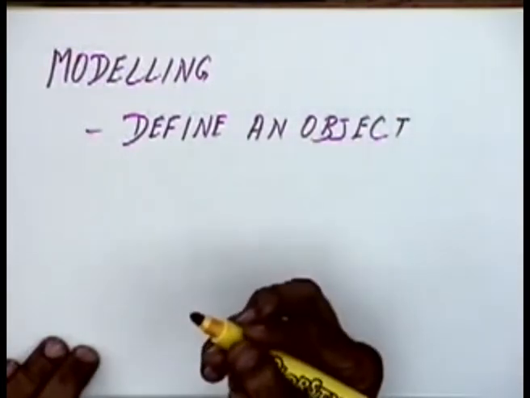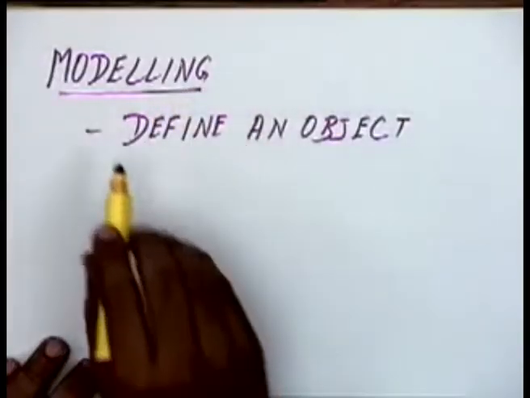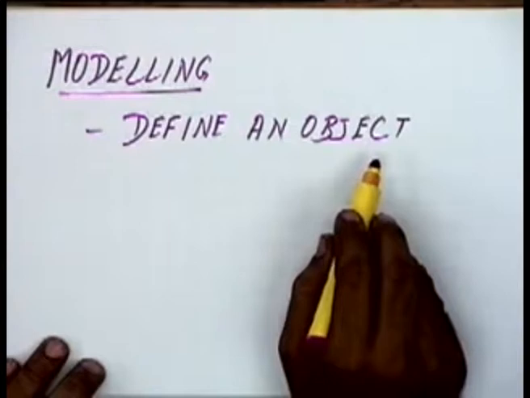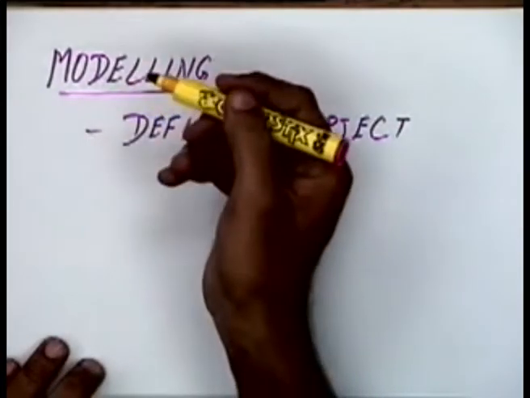We take a simple object, we want to define it on the computer, using some modeling techniques. The first thing that modeling deals with is how to define an object. That is going to be the first important part of modeling.